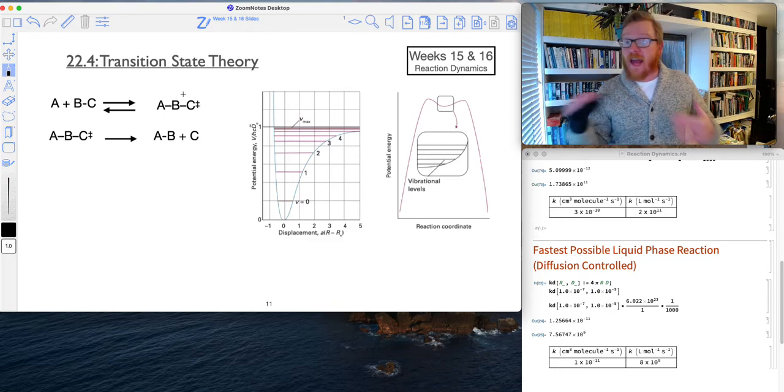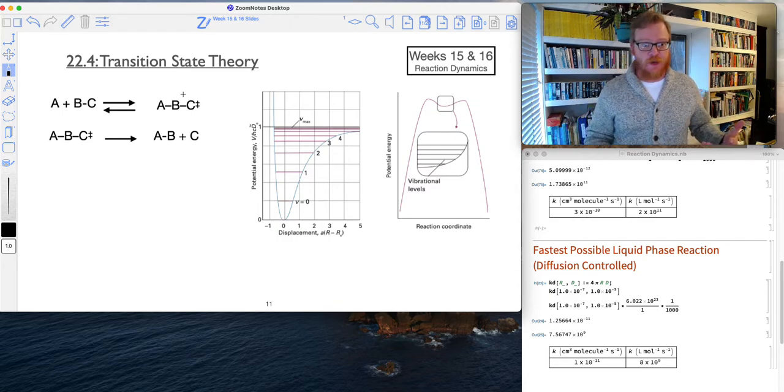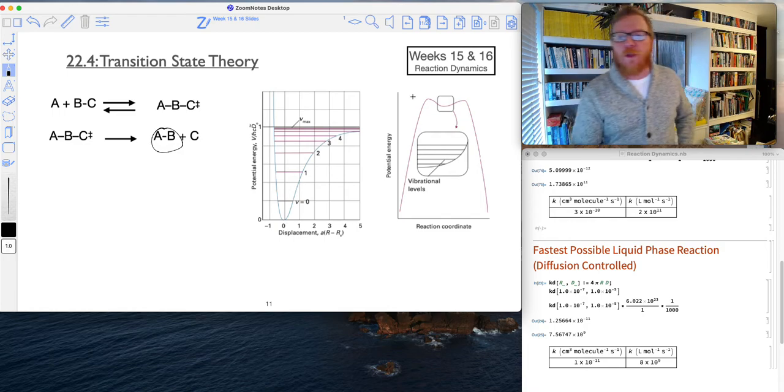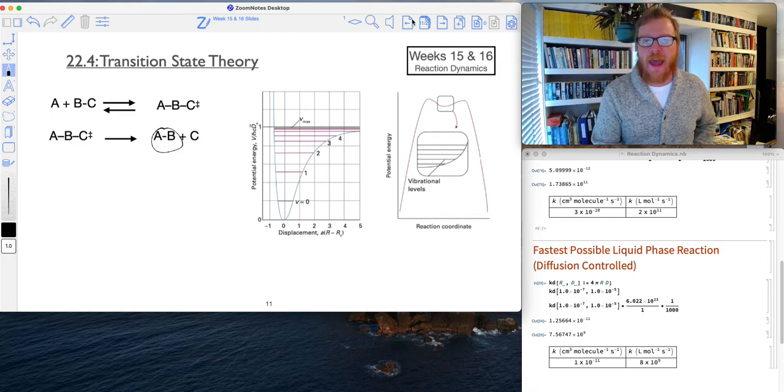And it is going to have some type of vibrational population. So it's going to have a partition function. And so now that unstable intermediate can go on to form the new chemical bond, AB, and kick out a C molecule. Okay?